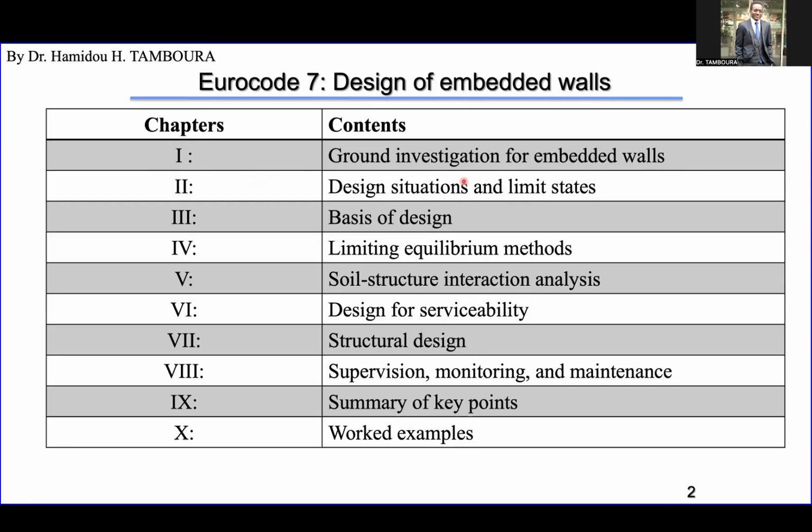Then design situation and limit state, basis of design, limit equilibrium method, soil structure interaction analysis, design for serviceability limit state, structural design, and supervision, monitoring, and maintenance, and the summary of all this. And at the end, we will finish up with worked examples, typical examples of design.